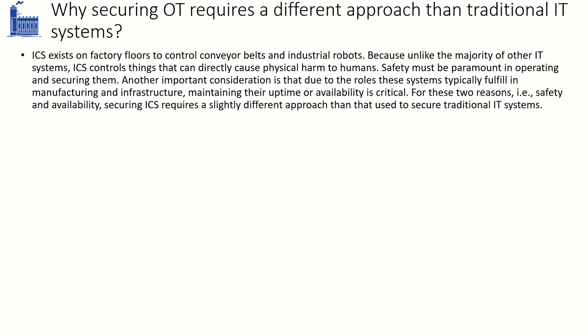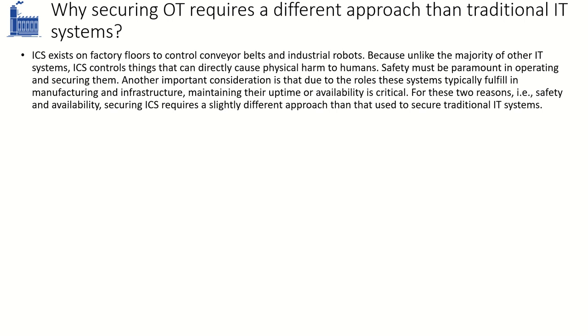So, as an IT security professional who is working within the manufacturing or industrial environment, it becomes very important to have a general understanding of what an industrial control system is. We will revise it once again in this video very quickly. Industrial control systems exist on the factory floors to control conveyor belts and industrial robots.